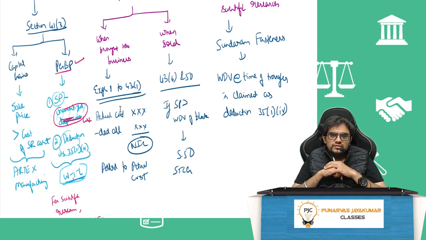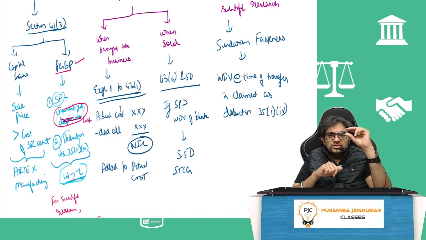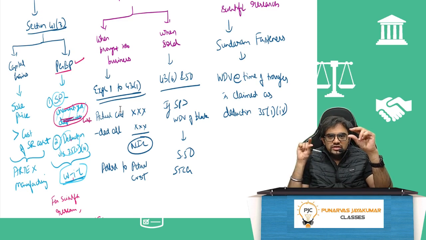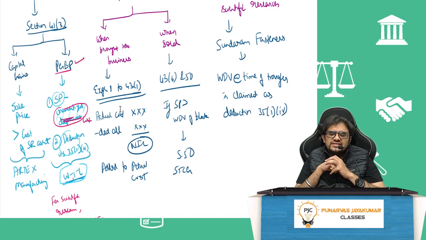No. So in my example, what did I tell you? The scientific research asset was 10 crore. How much did it sell for? 14 crore. So 14 minus 10, 4 crore is capital gain. Fair enough. What will be PGBP? See, 10 crore is already debited. 14 crore is credited. In that 14 crore, only 4 crore I am charging to tax as capital gain. What about PGBP income? PGBP income will be what?